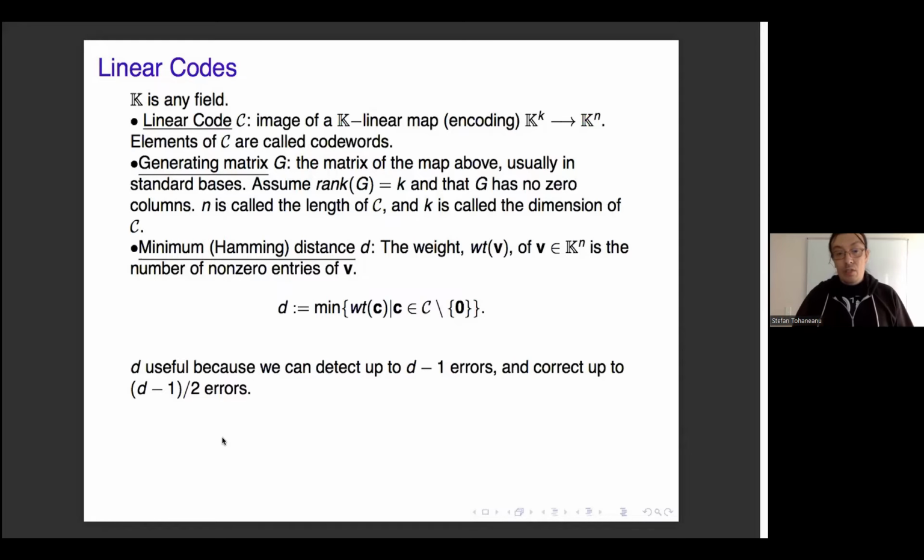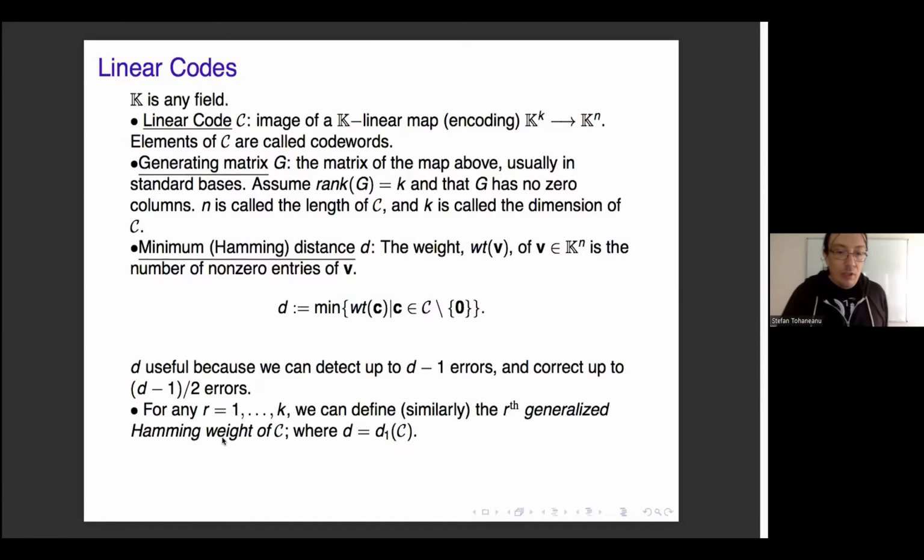So it's good to know how we can detect errors so that the message we receive is reliable, and also if we can correct them. This is where the minimum distance comes into play. To my knowledge, for linear codes, there is no other gadget that can help with this error correction problem. So minimum distance is super important.